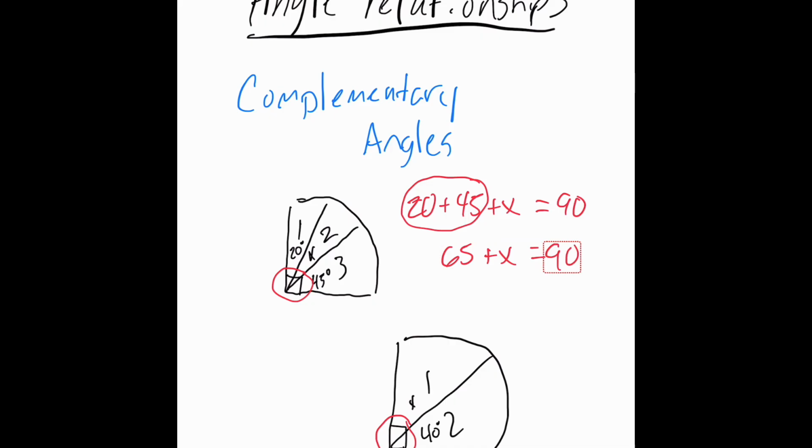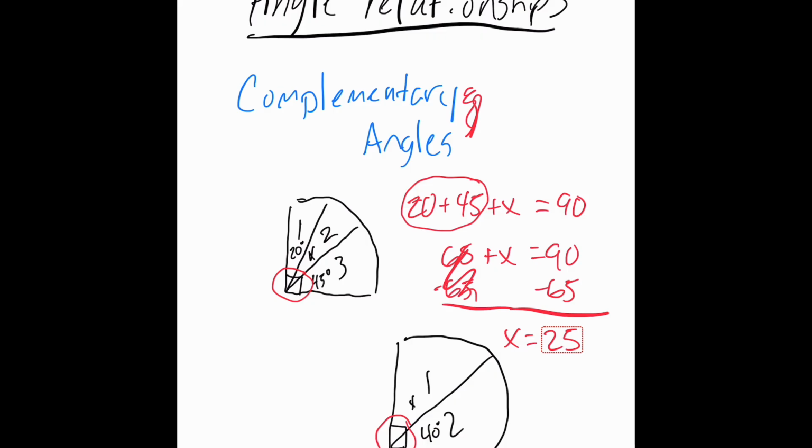And then to figure out what x is, I would have to subtract 65 from 90, which would give me x is equal to 25, okay? So that's how you use complementary angle relationship to figure out missing angles.